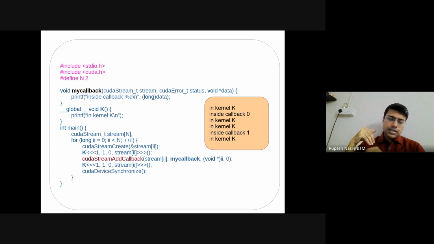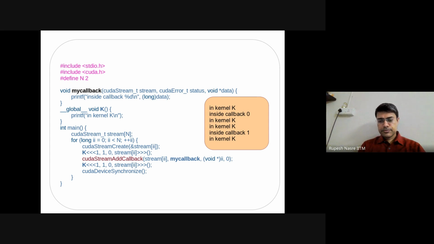All these kernels are running on the GPU, but the callback happens on the CPU. My callback function is running on the CPU. So you need a way to execute it on the CPU, because the CPU has just launched these kernels inside the queue, and it doesn't know when each function is going to get executed.